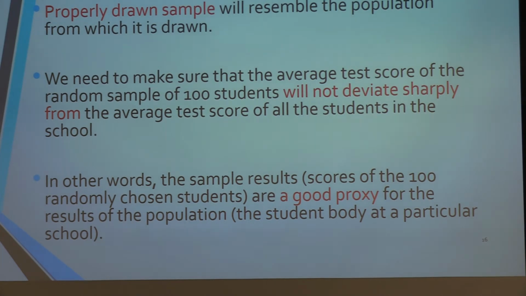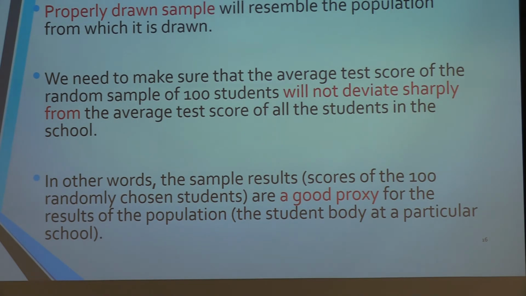Now, we need to make sure that the average test score of the random sample of 100 students will not deviate. Deviate, what does it mean? Do you know the word deviate? Differ. Will not differ sharply from the average test score of all the students in the school, right? This is something we'll have to make sure.